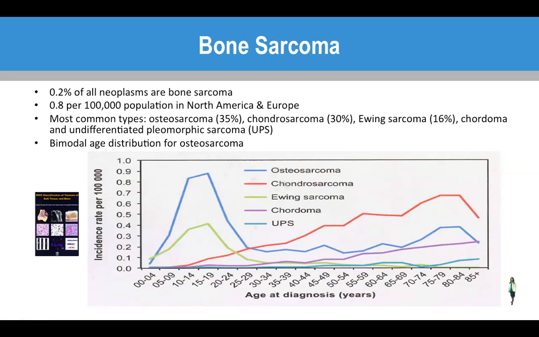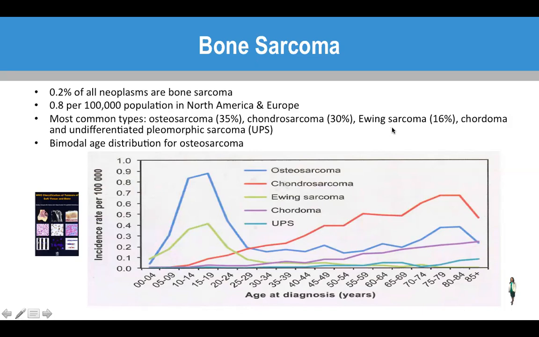The second common one is chondrosarcoma. You can see chondrosarcoma is an older person's disease. Usually it's in patients 40 years or even older, and most of them are in the 60, 70 year group. So you see the patient profile is very different.